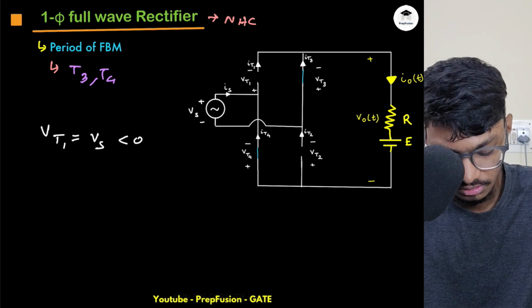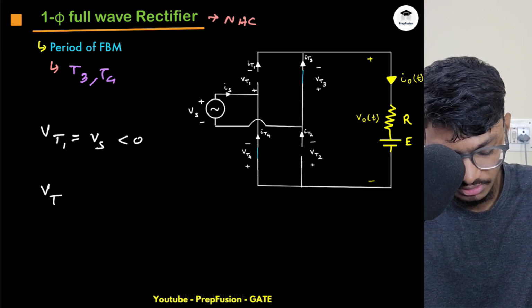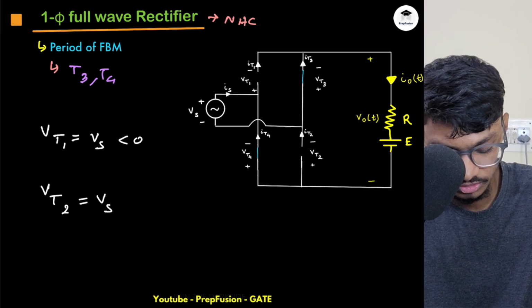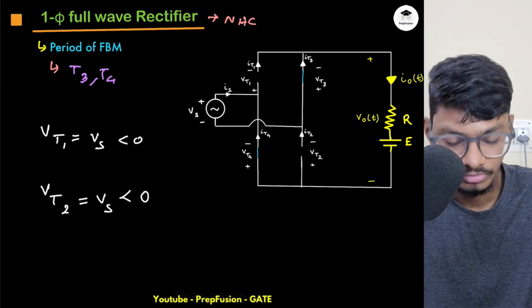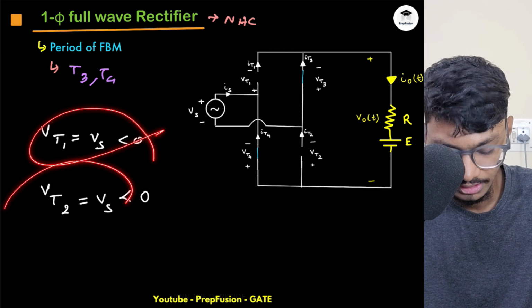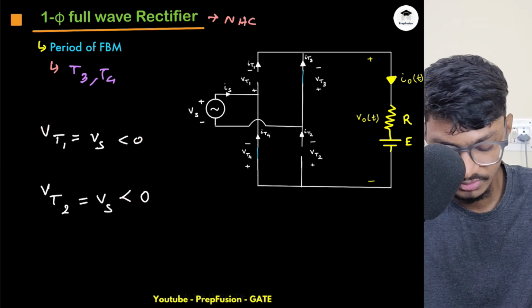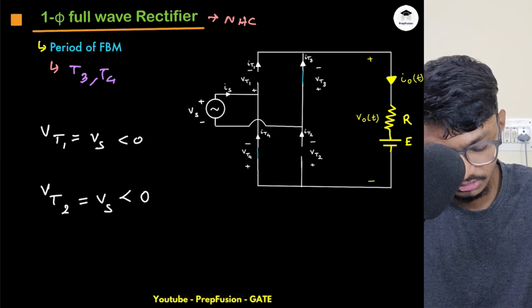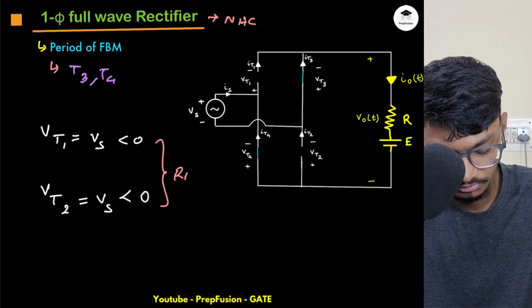And same for VT2. VT2 will also be Vs, and this will also be negative. So these two are negative. That means basically these two are in reverse blocking mode.